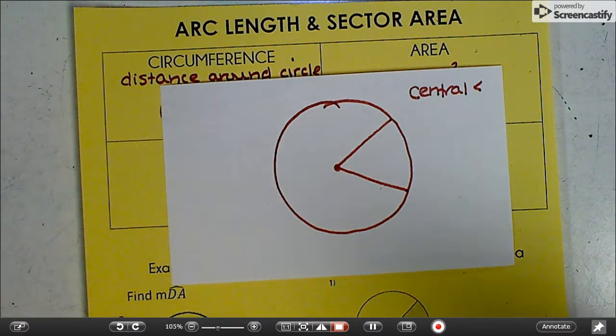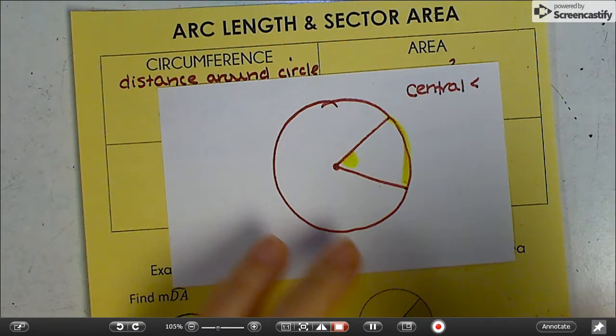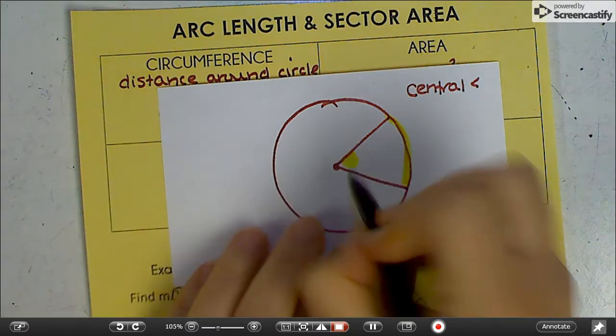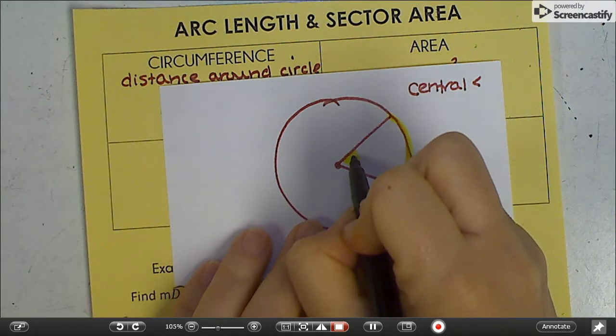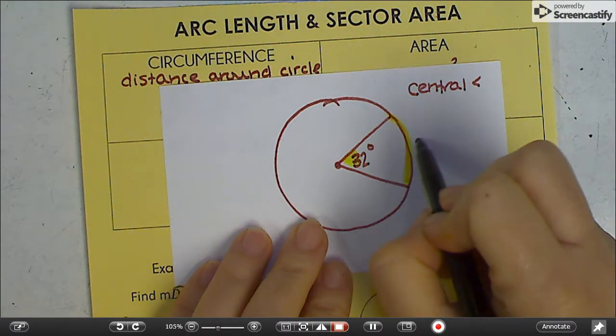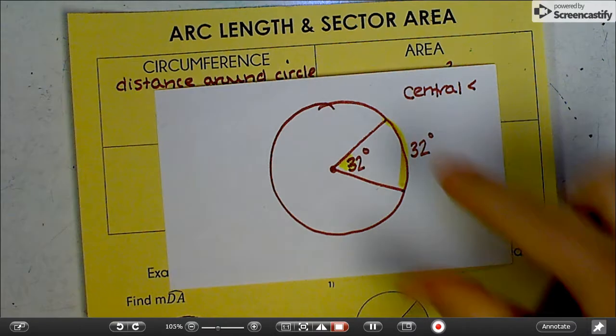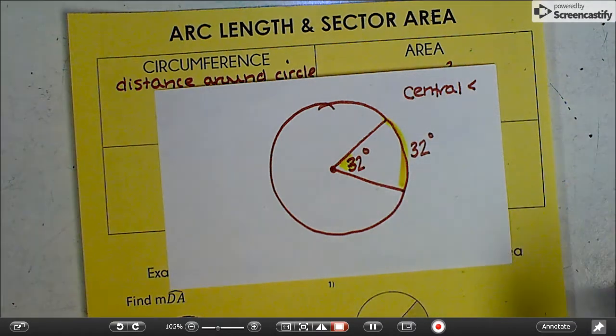The angle on the inside and the arc that goes with it, the opening, have the same degree. So if this was 32 degrees, then this arc is also 32 degrees. This is the measure of the arc, or the measure of the angle.